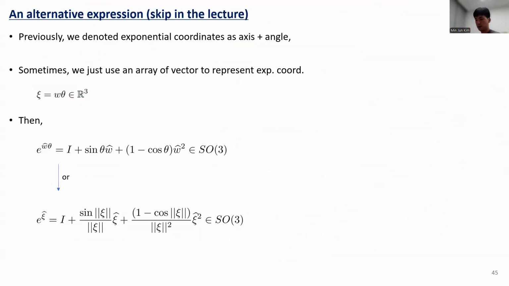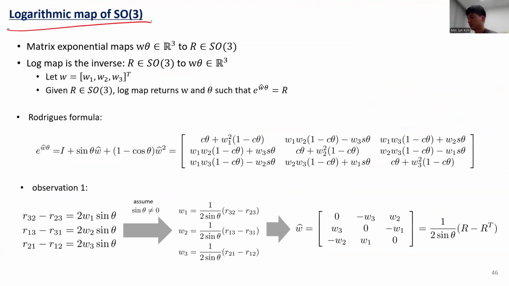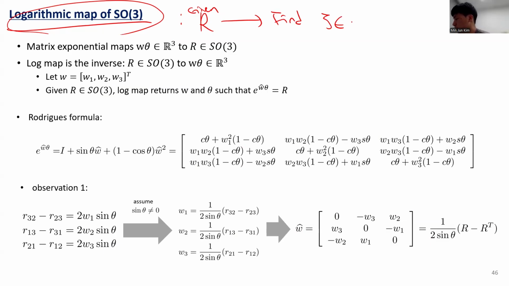Okay, that's called the log map because it's the inverse of the exponential. So the log map gives you, given a rotation matrix, find the exponential coordinate in R3. Okay.